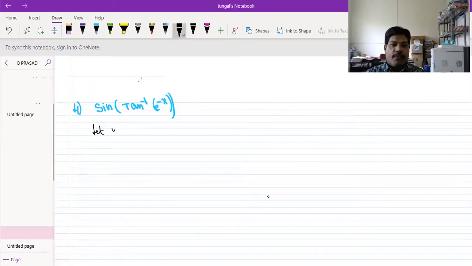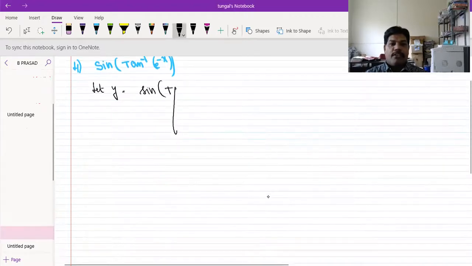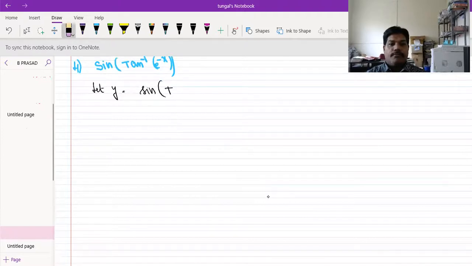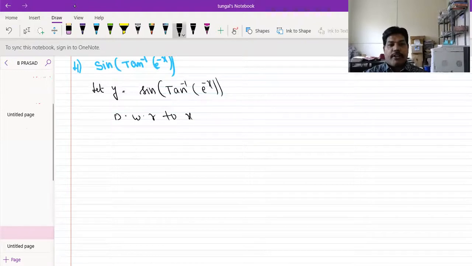Let y is equal to sine of tan inverse of e power minus x. Then I will differentiate this function with respect to x.